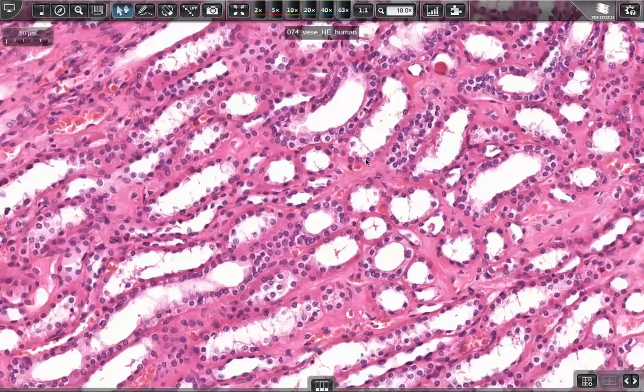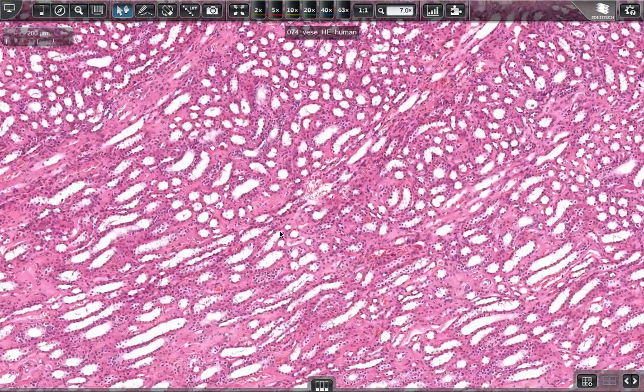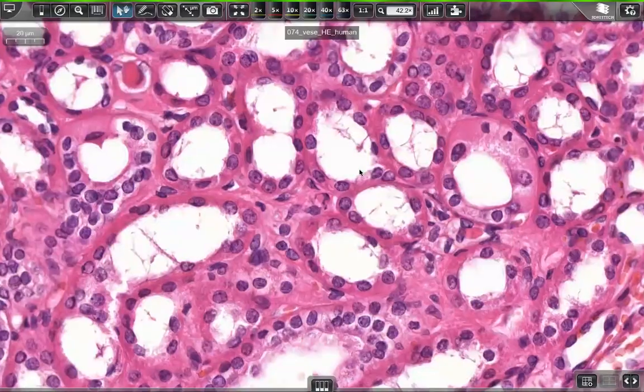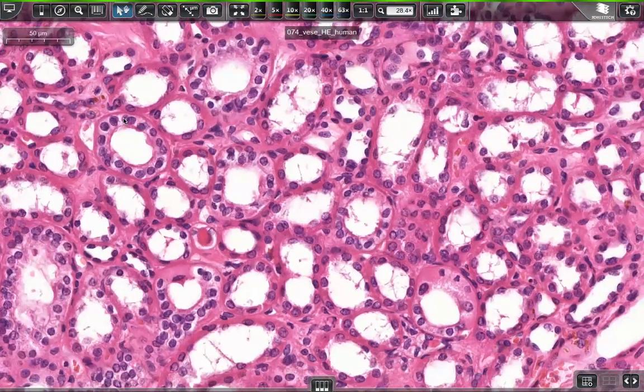Let's see another area, maybe here as well. So collecting tubule, loop of Henle. Look at that, how nice. This is a collecting tubule, this is a loop of Henle. These are small ones.